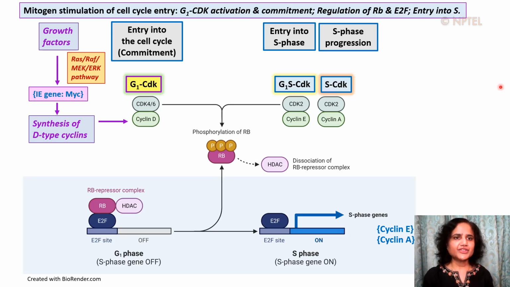After activation, the G1-CDK phosphorylates RB. RB is retinoblastoma, a tumor suppressor. As cells pass through the restriction point in G1, unphosphorylated RB binds E2F transcription factors.